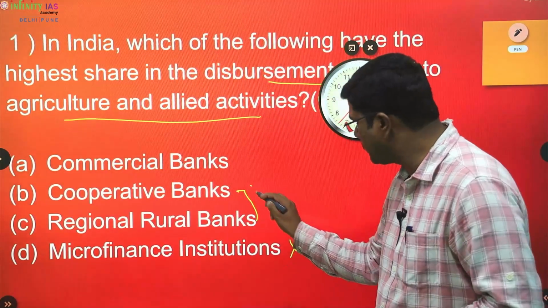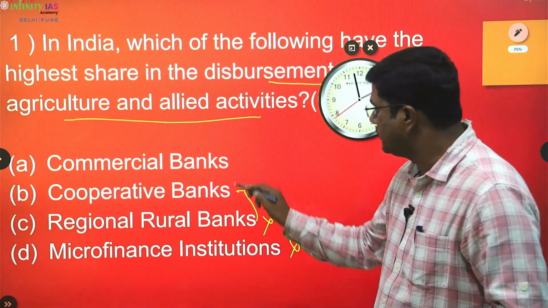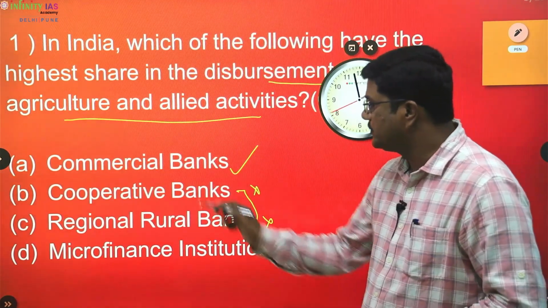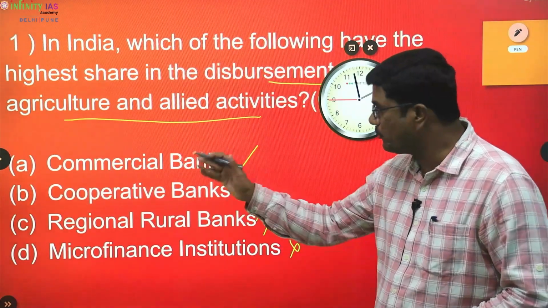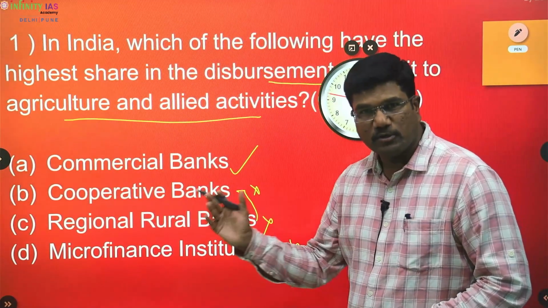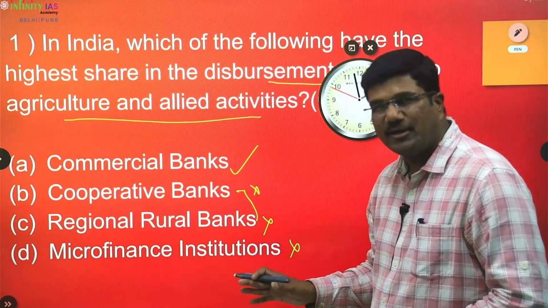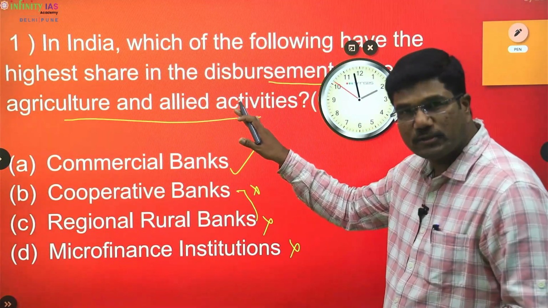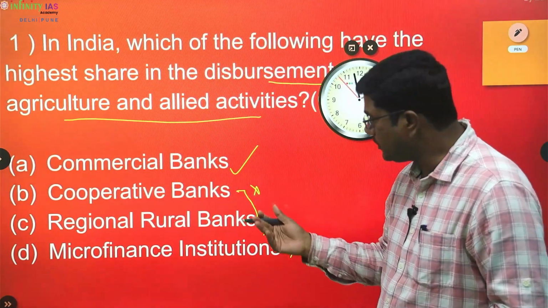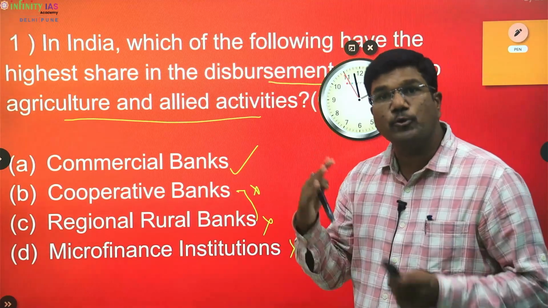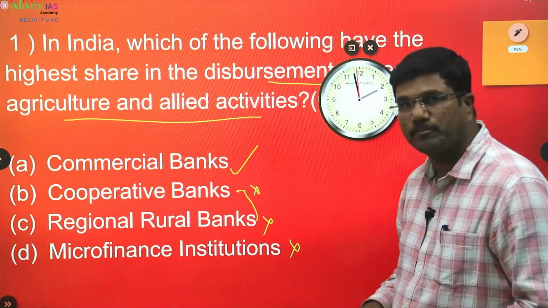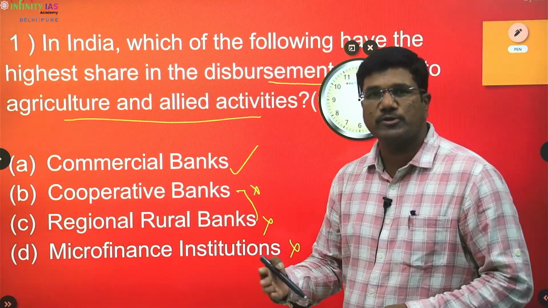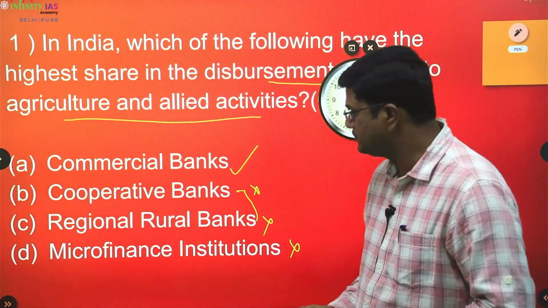So you can eliminate these two options and then you will definitely get the answer, that is commercial banks. This is how you have to solve the question. Use knowledge first, second analyze, put your logic, analyze the options and then go for the answer. Your chances of accuracy increase.